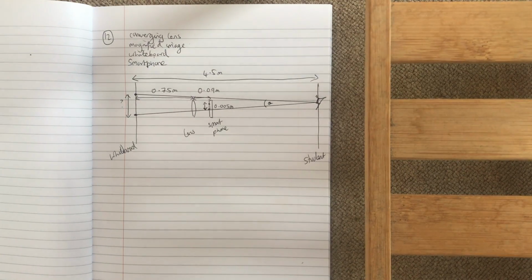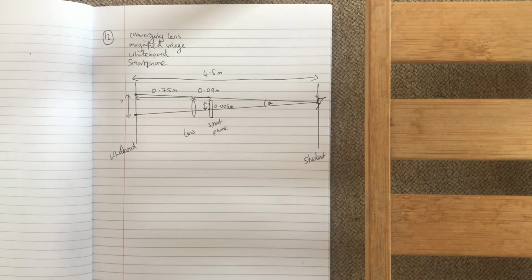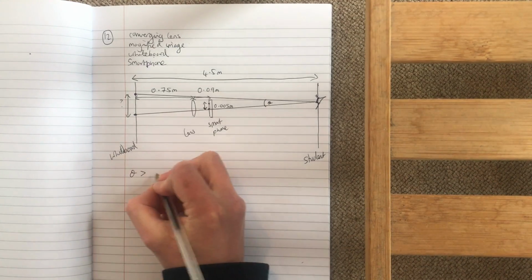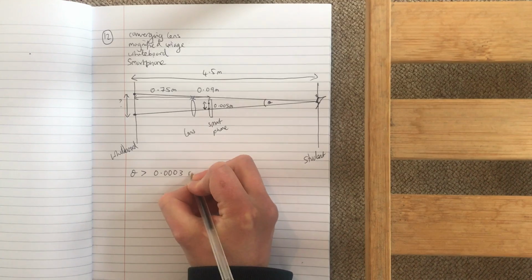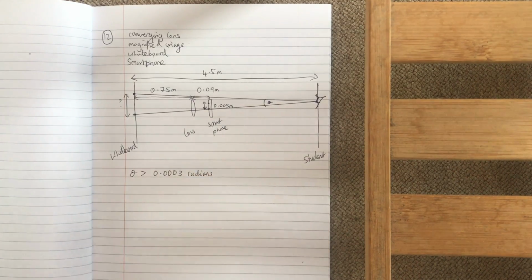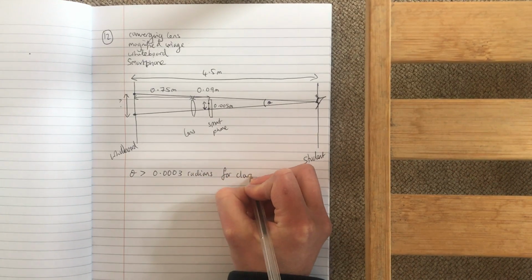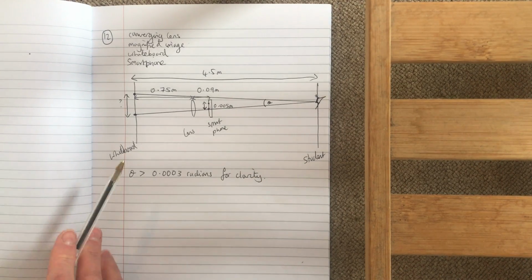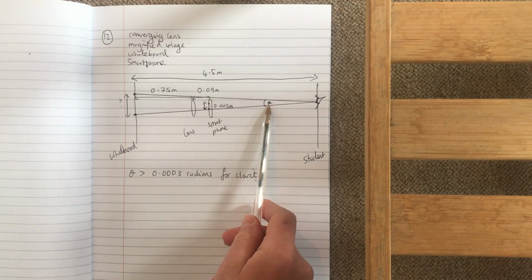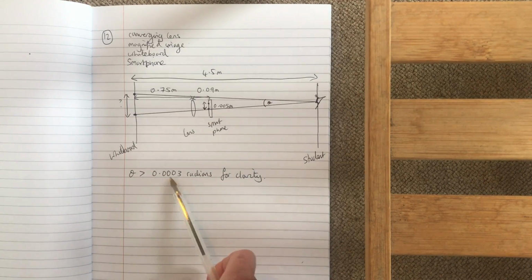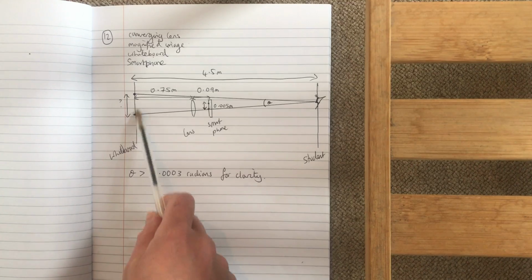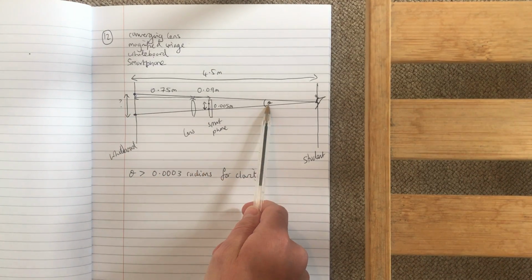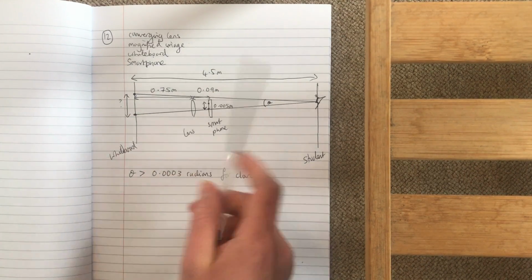Okay, and the student could distinguish the 2 dots if the angle theta was greater than 0.0003 radians. Okay, so theta has to be greater than 0.0003 radians for clarity, and deduce whether the student could distinguish the two dots clearly. So essentially what we've got to do is work out this angle. If this angle is bigger than this, then we can say that the student can view these two dots clearly. But obviously we can't just calculate this straight away, we've got to do some calculations to begin with.